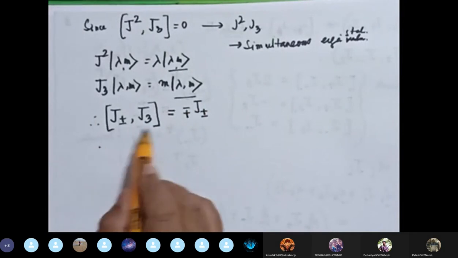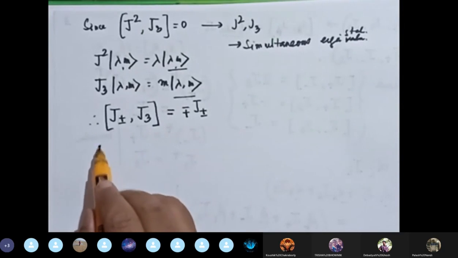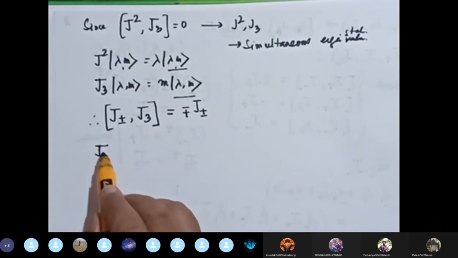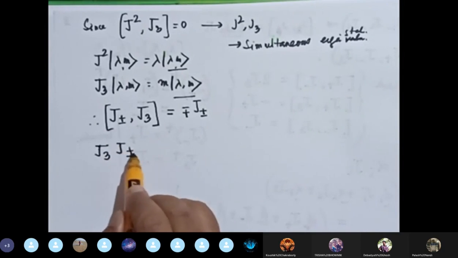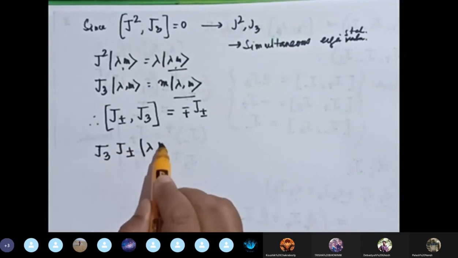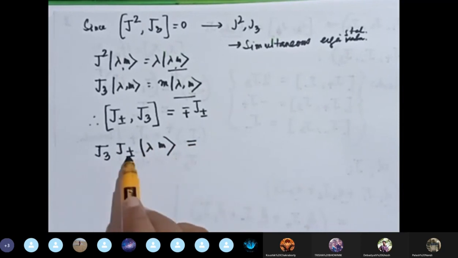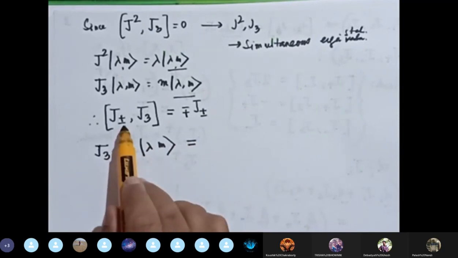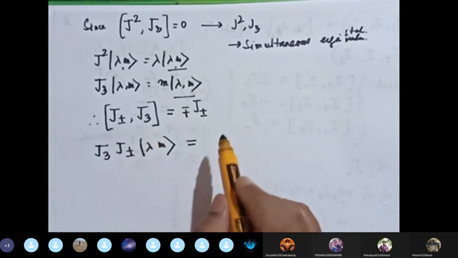Now using this commutation relation, you see that if you apply J3 J plus minus on lambda m, from this commutation relation, the other term you can take to that side and operate on it.